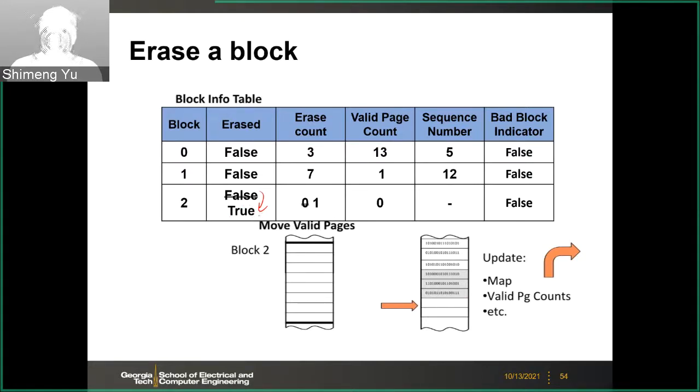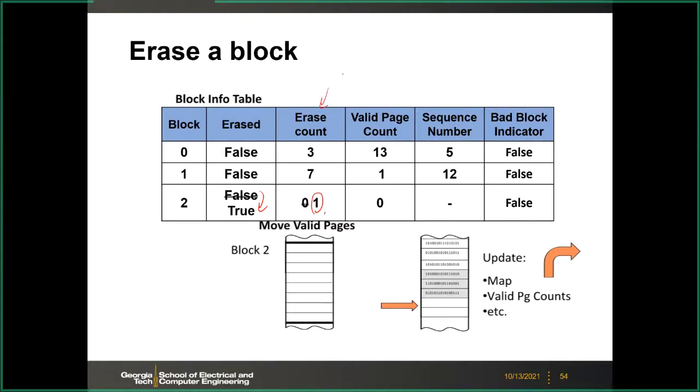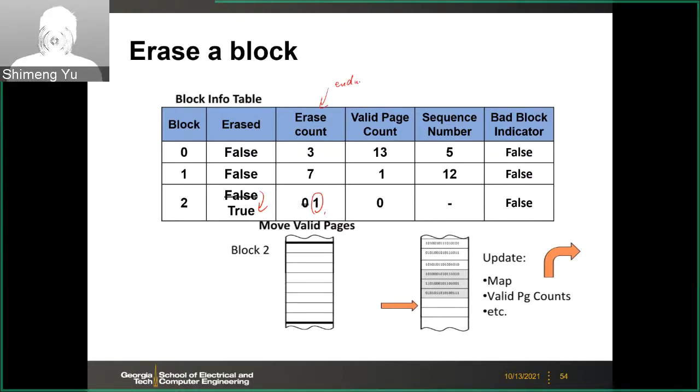That means this block is all ones. You also need to update the erase count of this block. It changed from 0 to 1. You have erased once. So this erase count basically records the endurance, how many cycles you have erased that block.